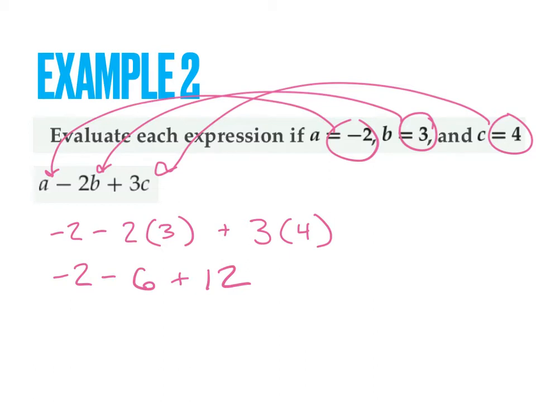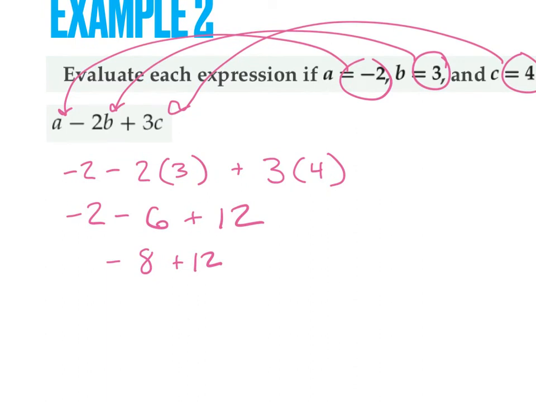So we have negative 2 minus 6, which is negative 8. So negative 8 plus 12, and now we're just left with addition. And negative 8 plus 12 is 4. 4. Awesome. Pretty simple. Any questions?